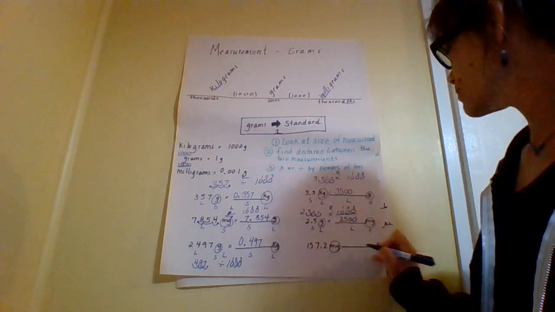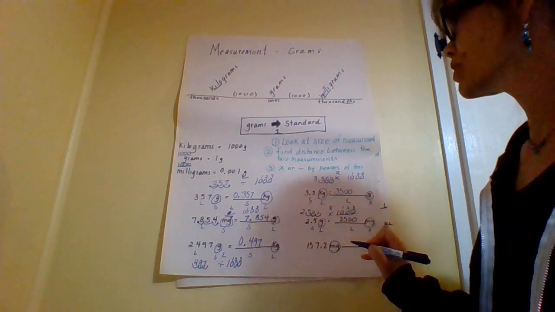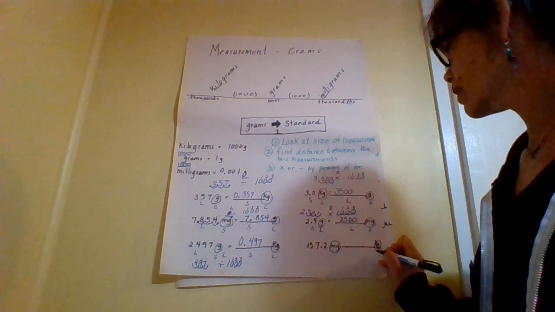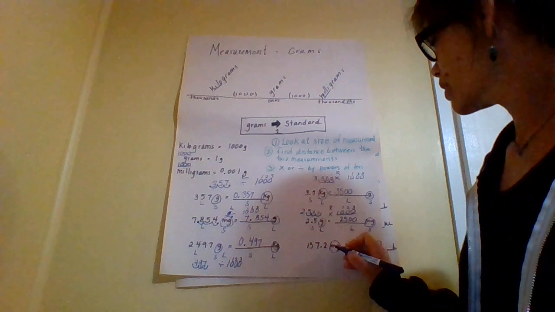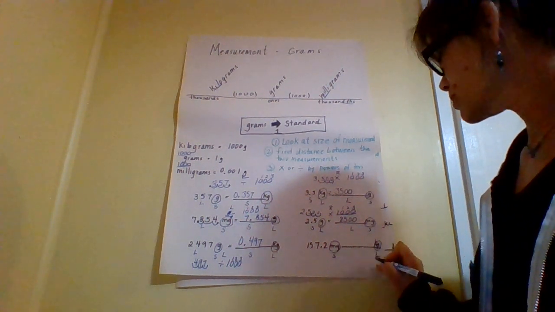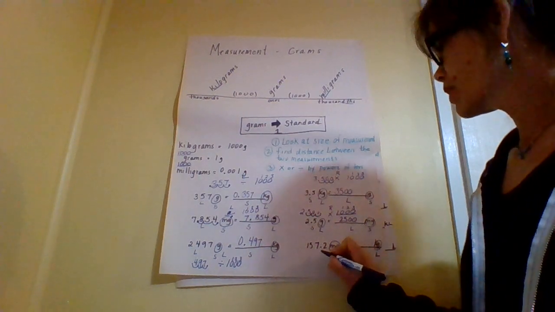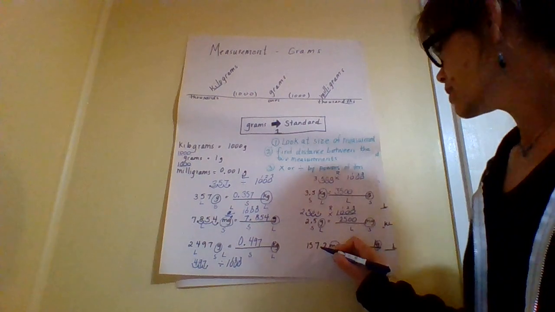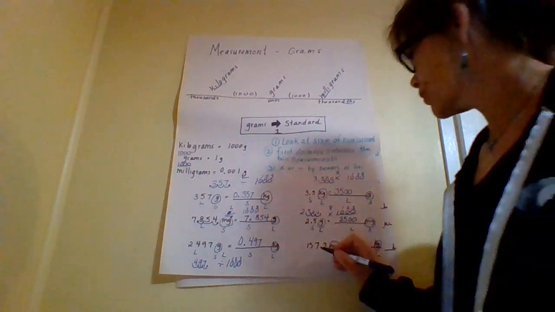Last one, measurements. Milligrams to grams. We should have done to kilograms. Let's change it. Milligrams to kilograms. So this time, milligrams are the smaller unit, kilograms are the larger unit, and that means our answer is going to be smaller, right?